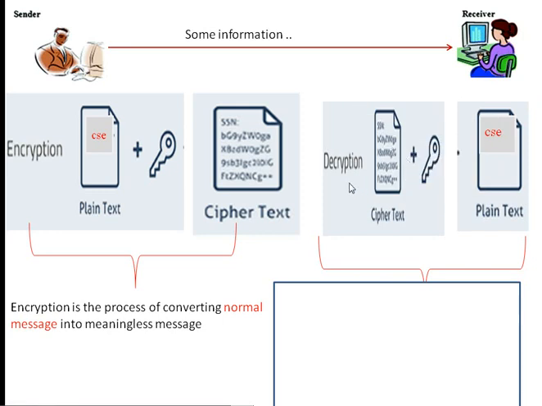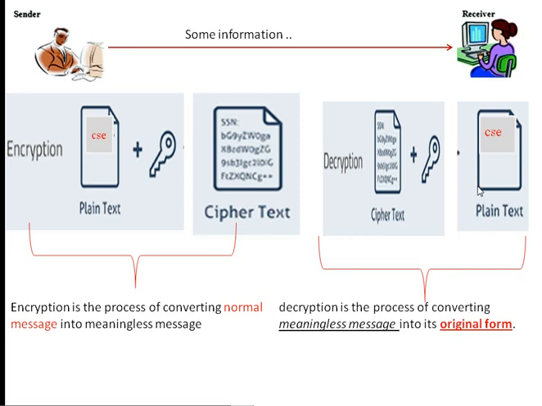So at the receiver side, decryption happens in the same way. Decryption means the unreadable form plus the key is converted back into the original form, that is the plain text CSE. So it is a process of converting a meaningless message into the original form.